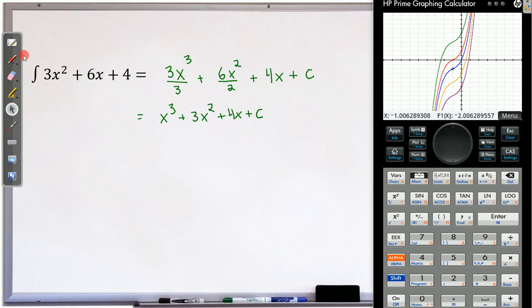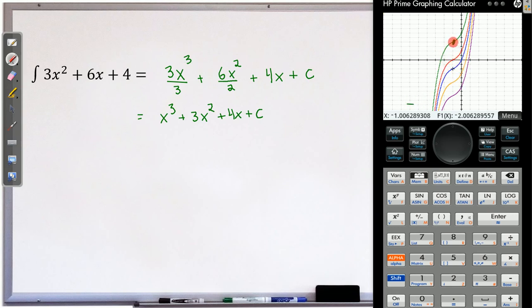So if we take all these possibilities, and yes, it goes up forever and it goes down forever, but if I tell you one specific point, say right there, and say that graph has to go through that point, well, there's only one graph that will go through that point. It can only be one because they never cross each other.